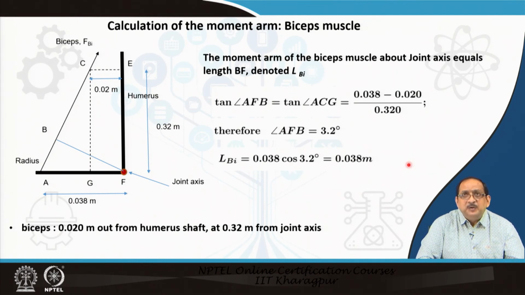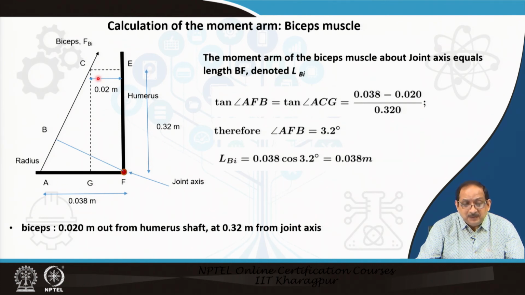The calculation of the moment arm of the bicep muscle is indicated in this slide. It can be recalled that a point C on the line of action of the bicep muscle is defined by the data given in the problem. So, it is 0.02 meters out of the humeral shaft and 0.32 meters from the joint axis vertically upwards.